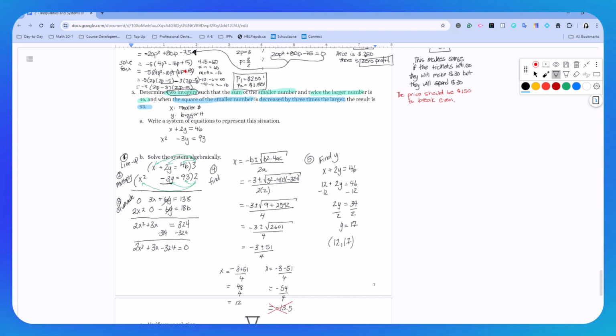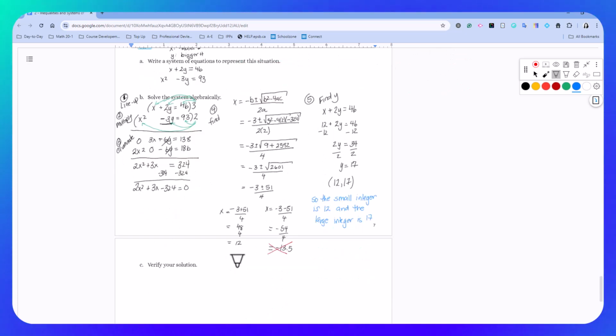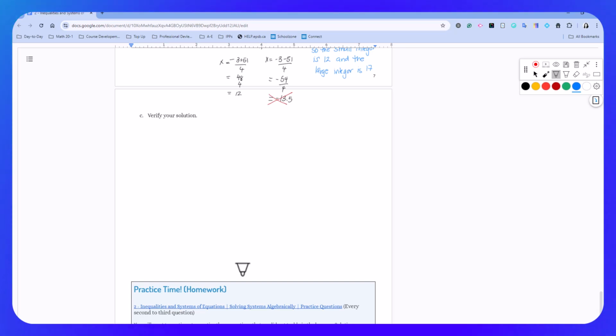So let's verify the solutions. So the small integer is 12, and the large integer is 17. Now let's go ahead and we're going to verify that.